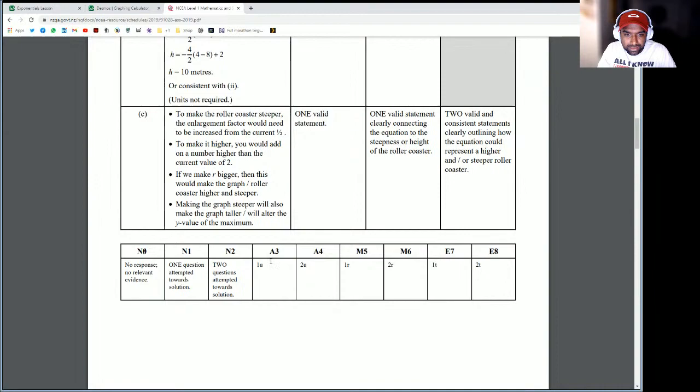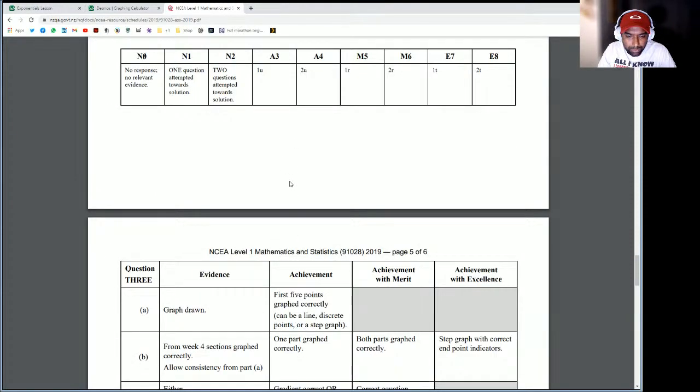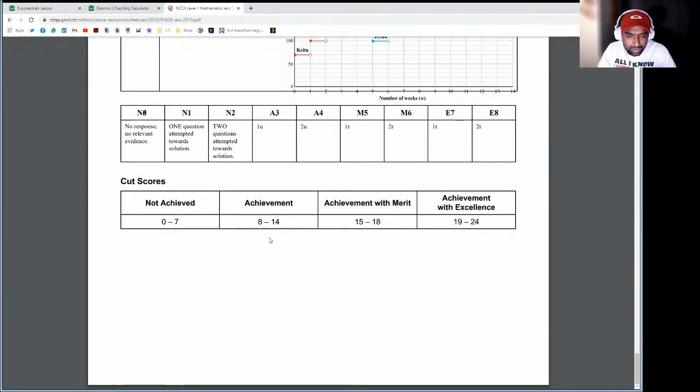In this case, one achieved question is worth 3 points. So to get an achieved in this paper from last year, you needed to answer 3 achieved questions correctly, and then you end up getting 9 points.